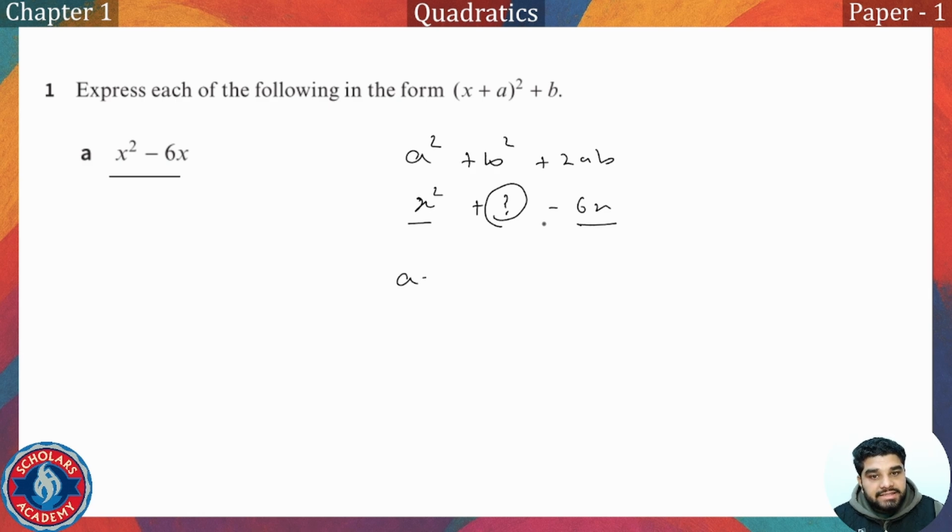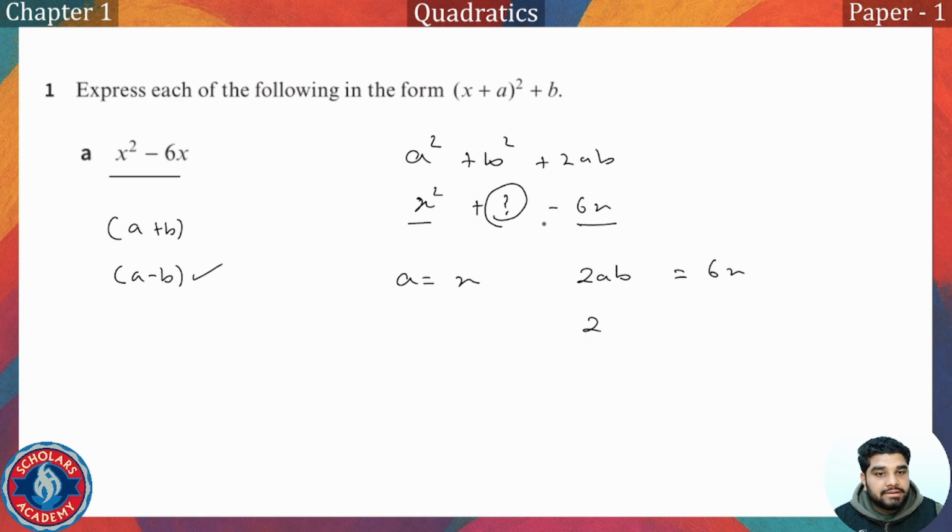So I can say that a is x, this term is 2ab, right? That is 6x. The sign will tell us which particular completing the square formula we'll use over here. So either way, we will use a plus b or a minus b. So minus is present, we will take a minus b. So 2ab is 6x, a is x.